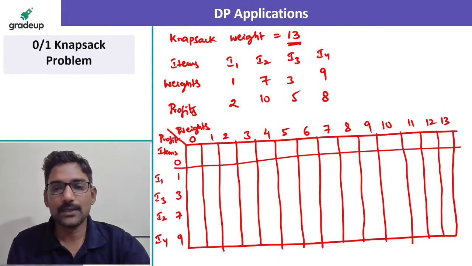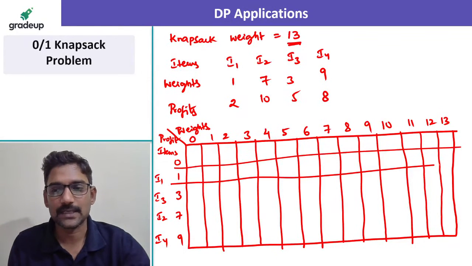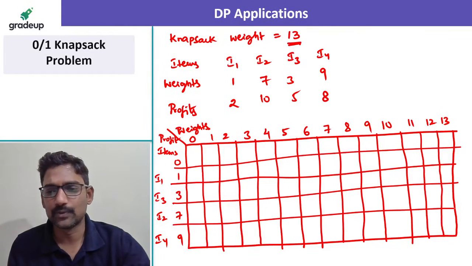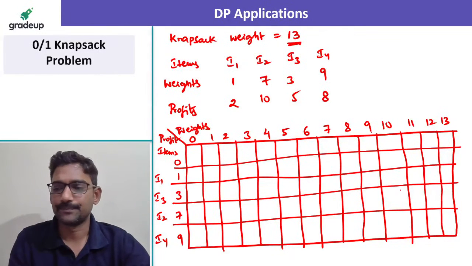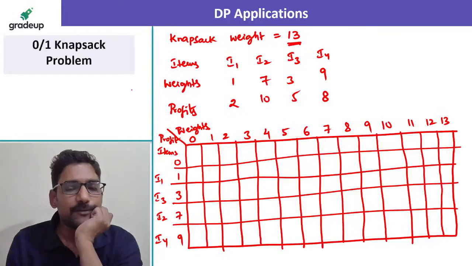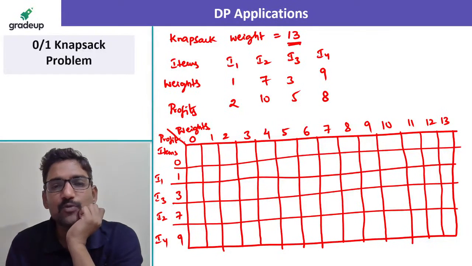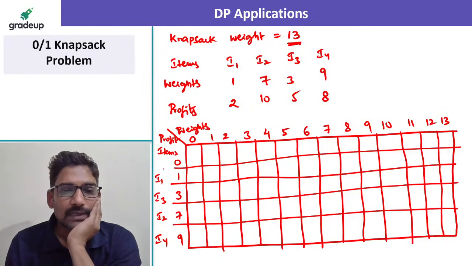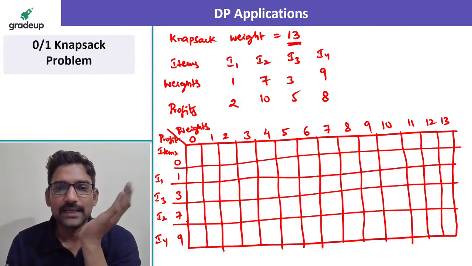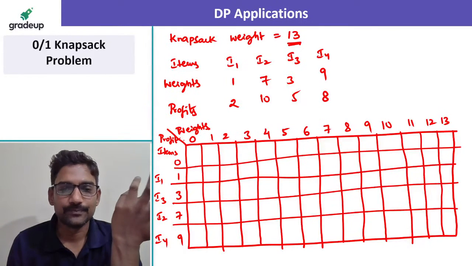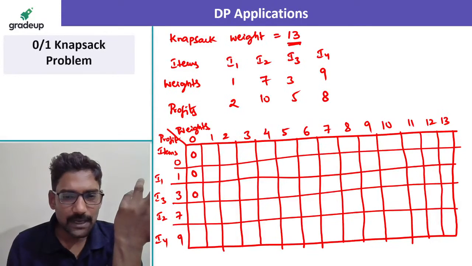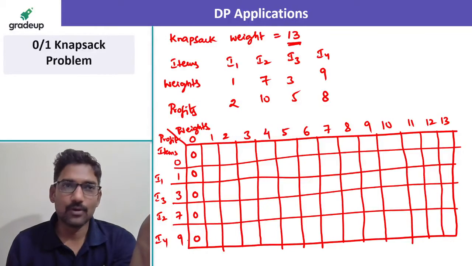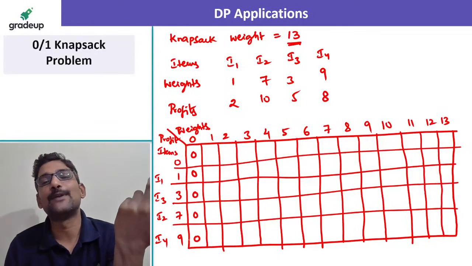Now, what does the 0th row and 0th column say? I won't solve this problem completely, don't worry, I will just give you an idea. If you have a knapsack with weight 0, meaning you don't have any bag, can you purchase any item? Can you fill any item? No. Though you go for shopping, it becomes window shopping.